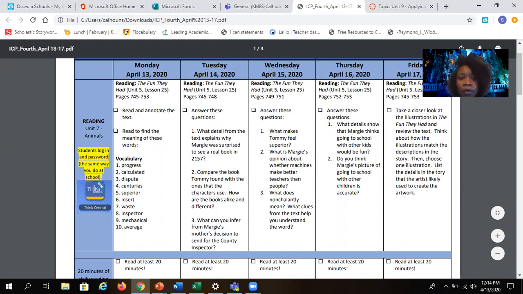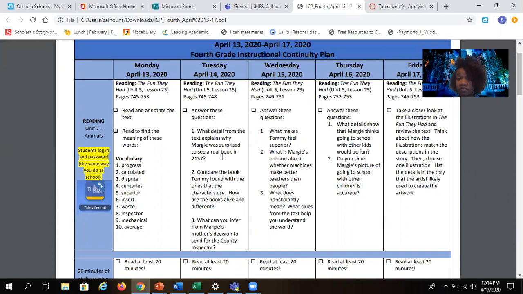So number one under Tuesday says, what detail from the text explains why Margie was surprised to see a real book in 2157? So remember, their books were given to them how? Did they have tangible books? Think about that. And that's at the very beginning on that first page of text.